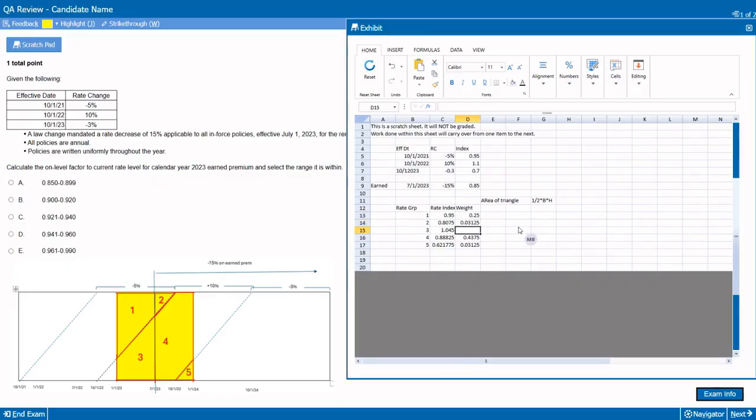And now I can do section 3, which is, if I look at 1 and 3 combined, that's half of the calendar year. So I'm just going to take out section 1 from that, from half. Okay, now I have all of my weights, and I'm going to do a weighted average of the rate index.